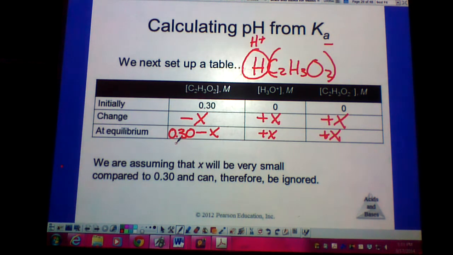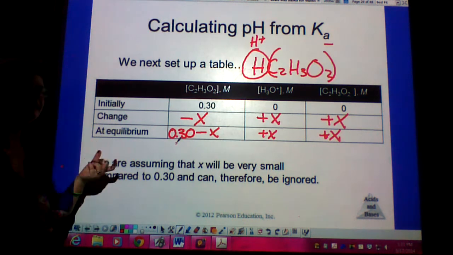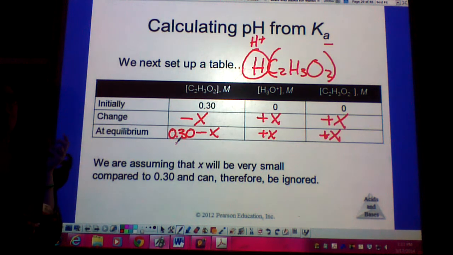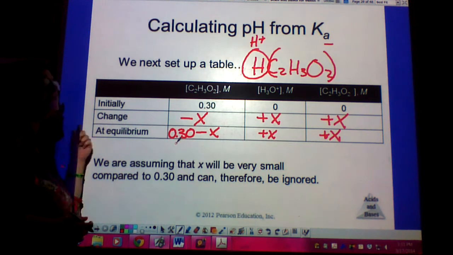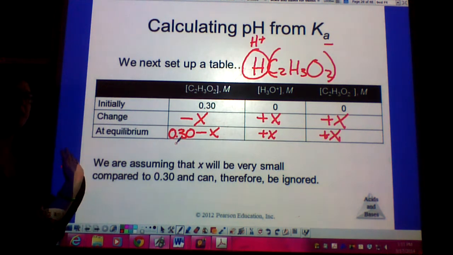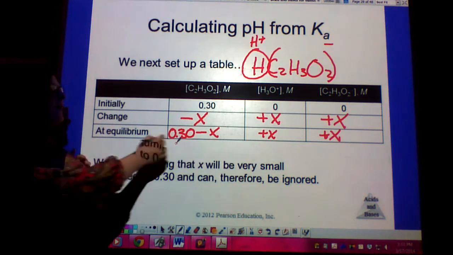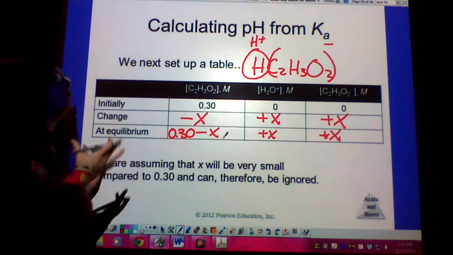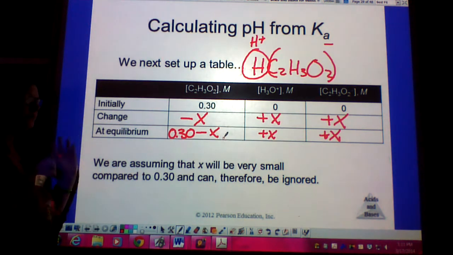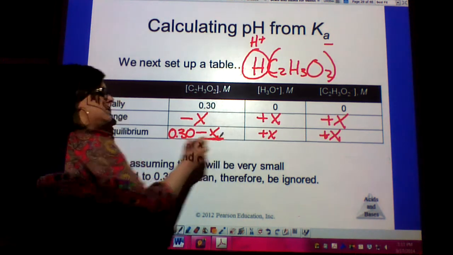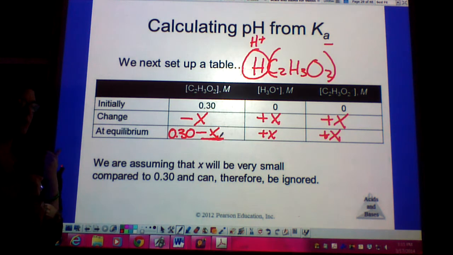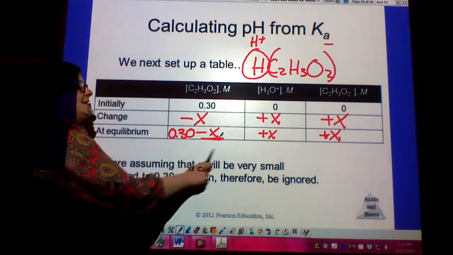I'm calling this the 5% rule because at the end, if I take 5% of what we have found for X and I see that X is less than 5% of the initial concentration, then we were fine by ignoring X. So for right now, just follow along with me: we're going to assume that X is super small and won't make a difference here.